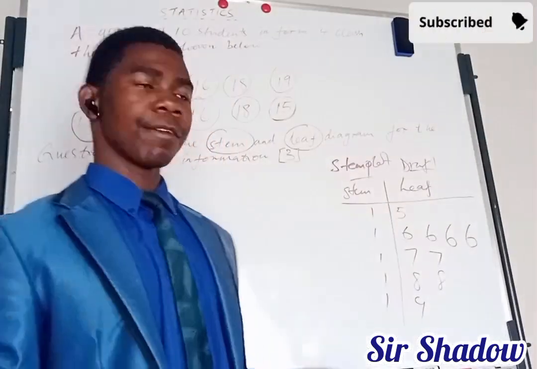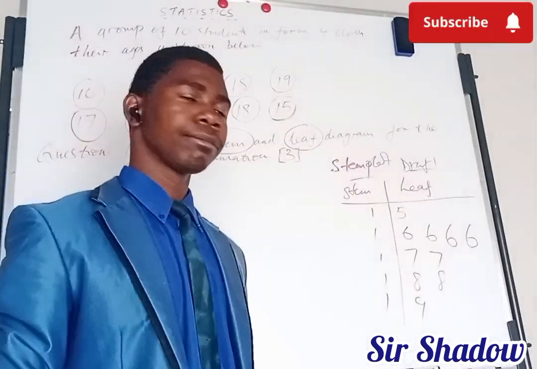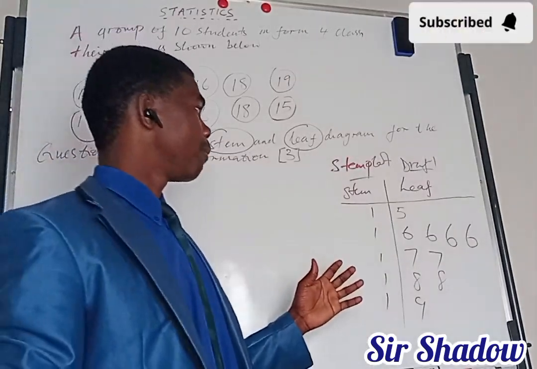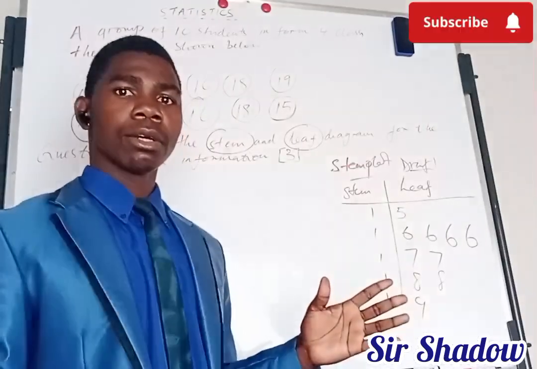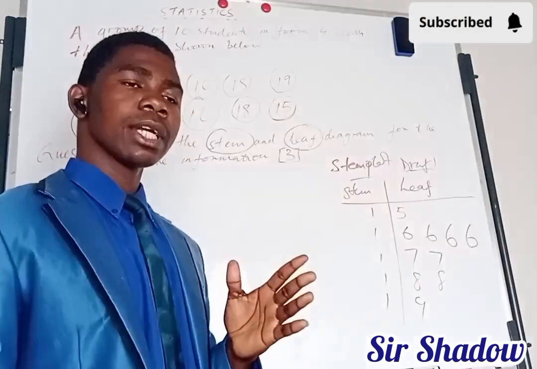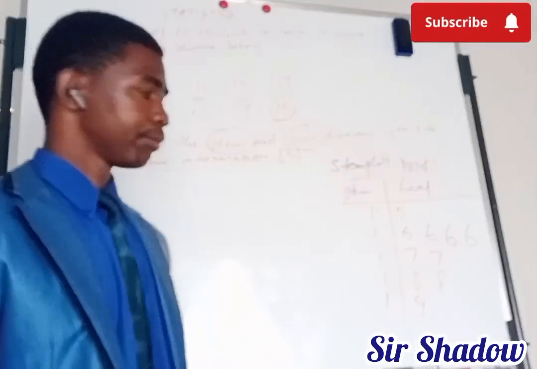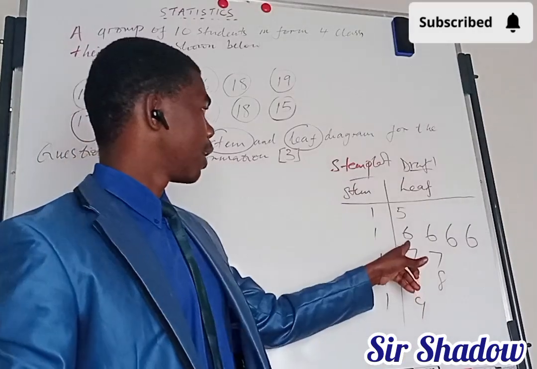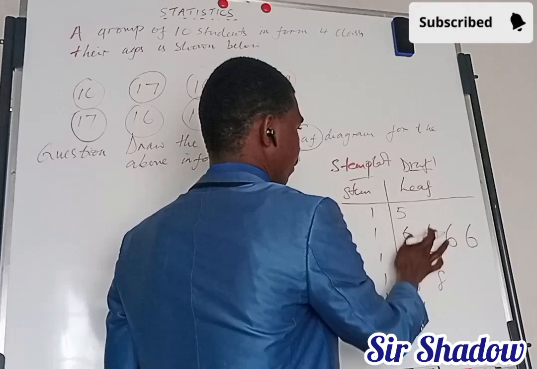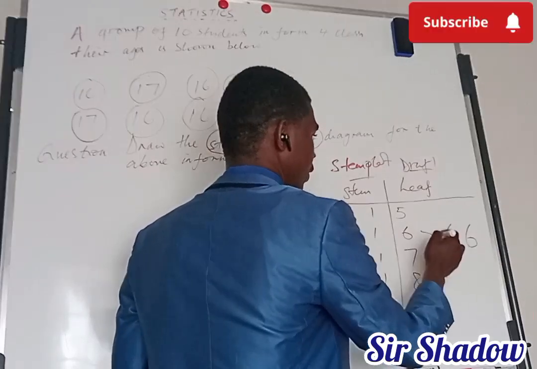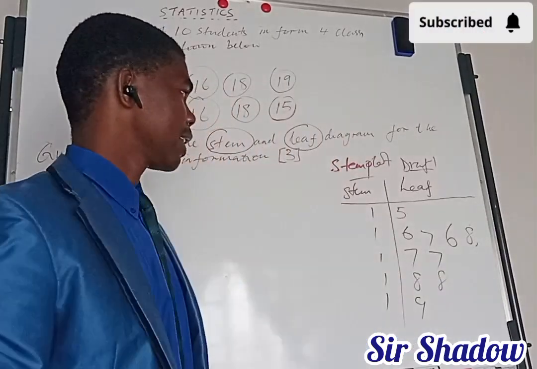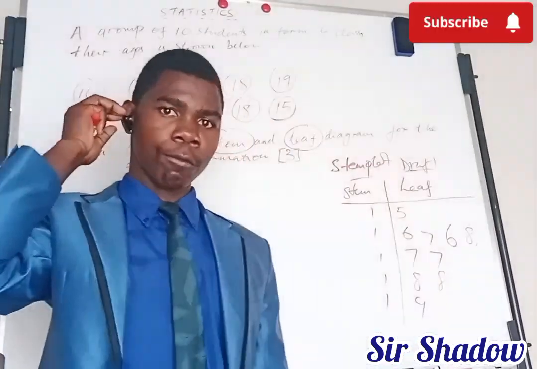Sometimes we will be given data, let's say from 10 to 19, then from 20 to 29, and this data is not in order of their sizes.